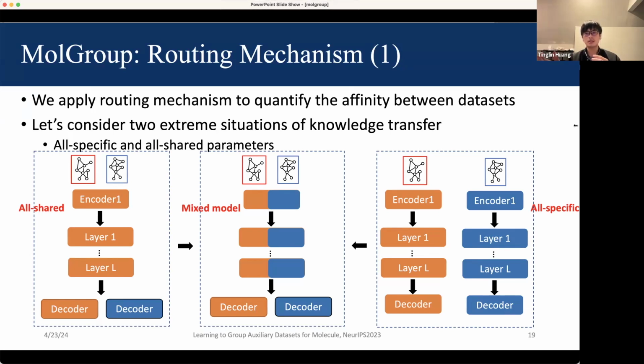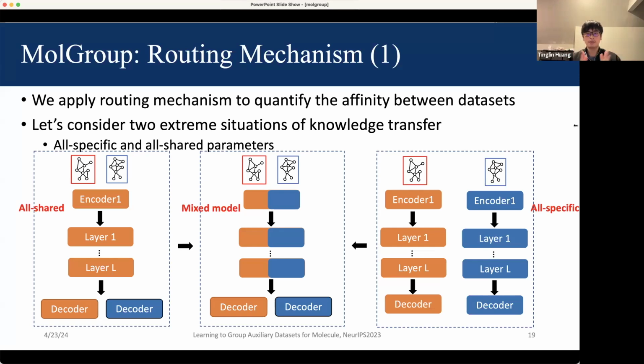On the right-hand side, there is an all-specific situation, which means that the datasets don't share any parameters, and so they cannot transfer any useful knowledge across them.